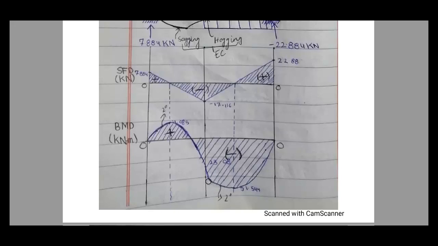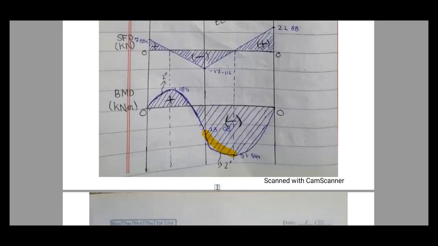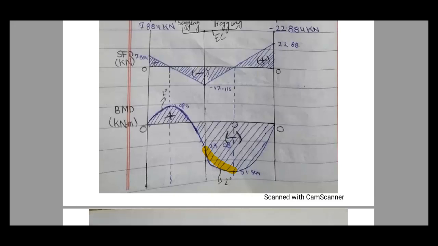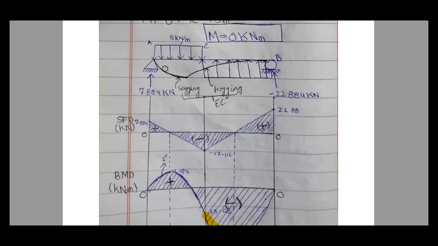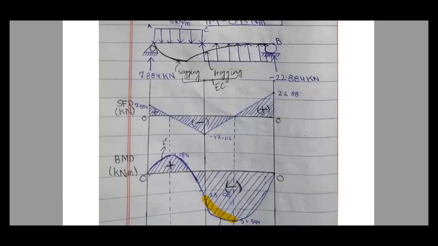This bend should not be there. It should be as smooth as possible. Okay, and then second degree, so this seems fine. We have a partly positive bending moment diagram and partly negative. So in the positive part we'll have a sag, and in the negative part we have hog. That is rightly drawn.